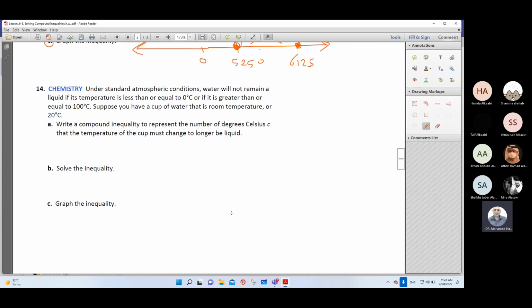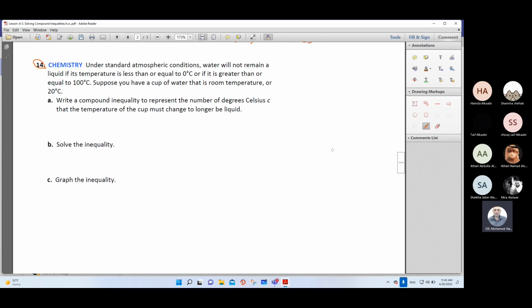Who can read exercise number 14, please? Can you read it, please? Girls, can you hear me?